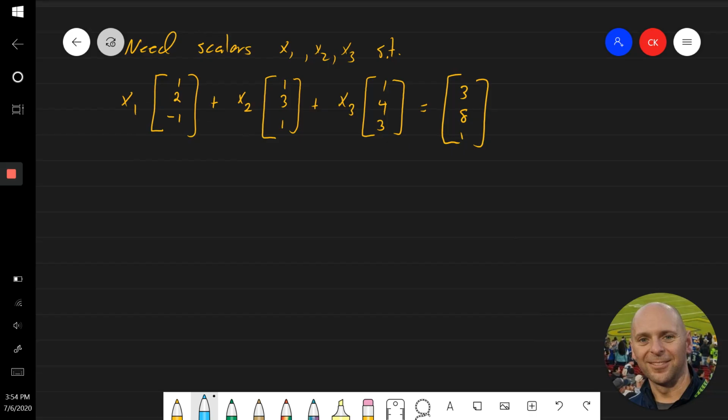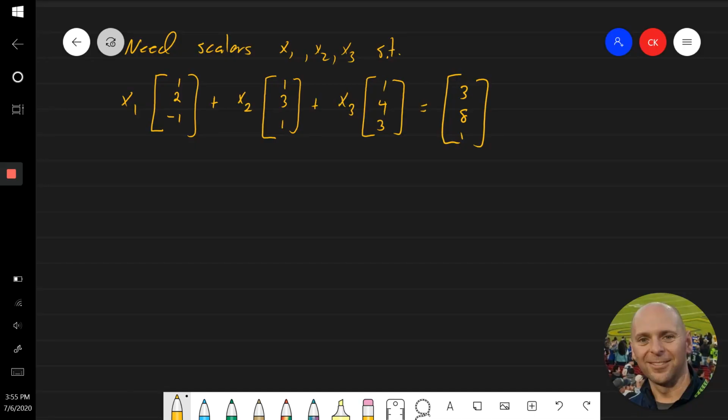We could try trial and error, and we might get lucky. I've designed this to have nice integer values, so it wouldn't be surprising if you figured them out without any work. But in more complicated scenarios, we need a system for finding these values.